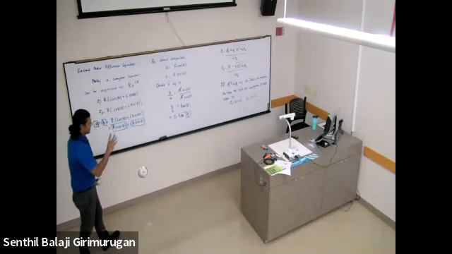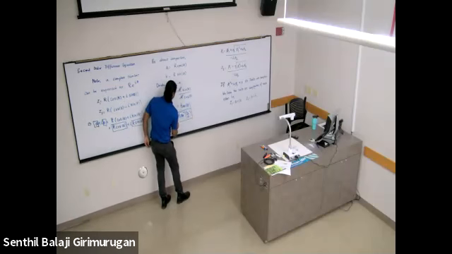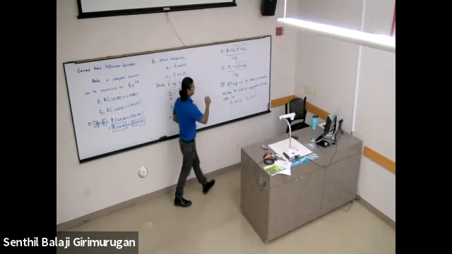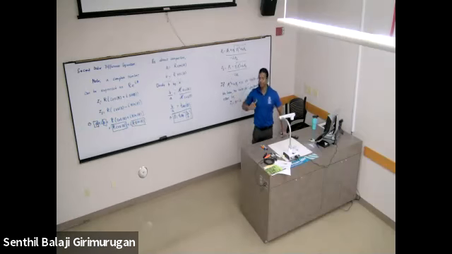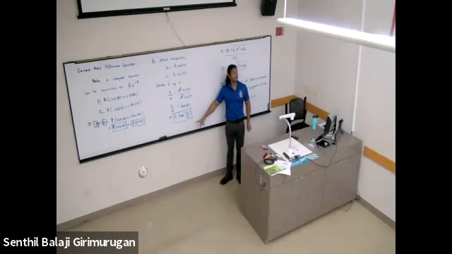I don't want to make the connection to this yet, but we will save that for when we get to AR2. So that formula for theta is tangent inverse b over a.